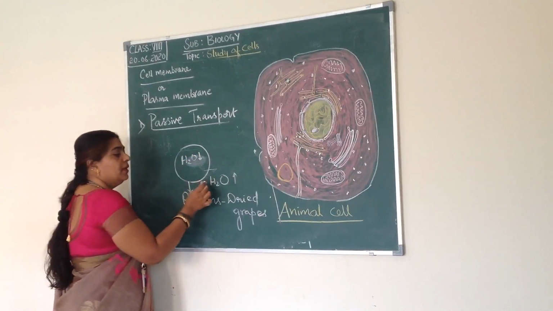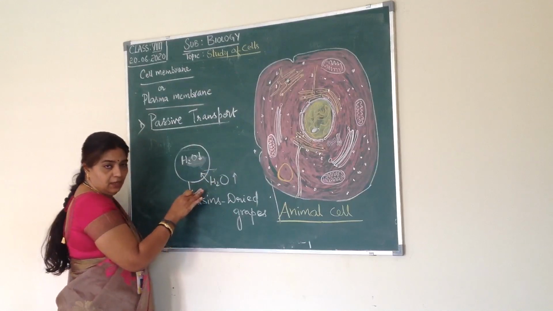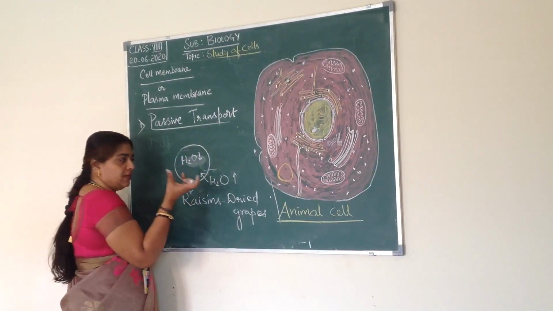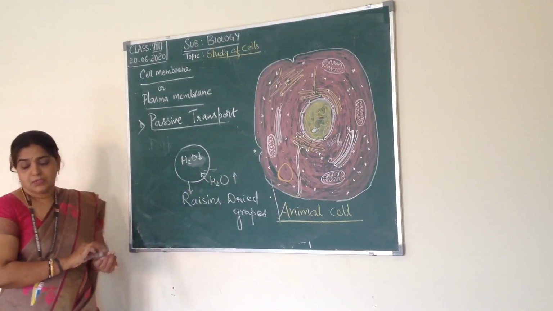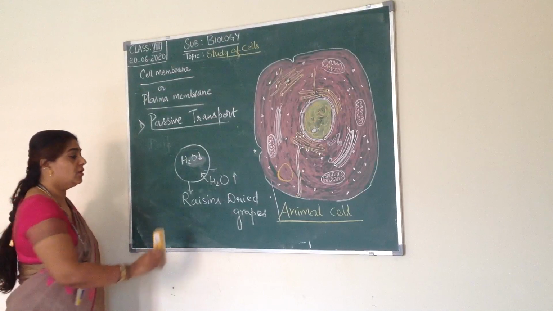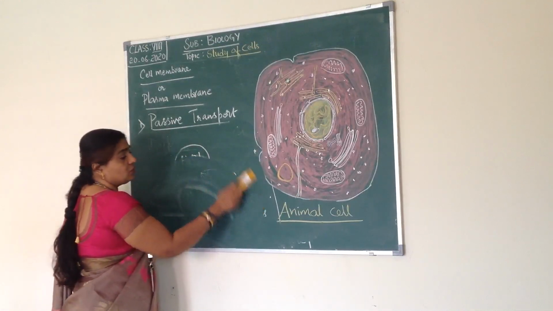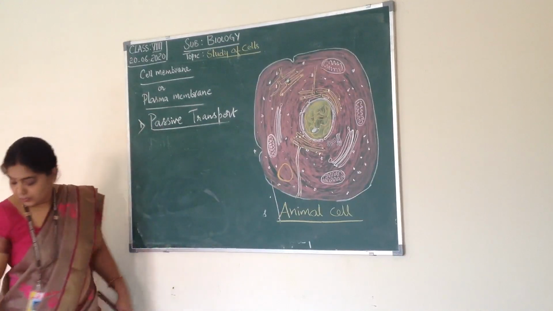So what will happen? The water flows inside the grapes, and that's how it swells. So this is osmosis, the movement of substances from a region of higher concentration towards a region of lower concentration through a semi-permeable membrane. So passive transport is over.